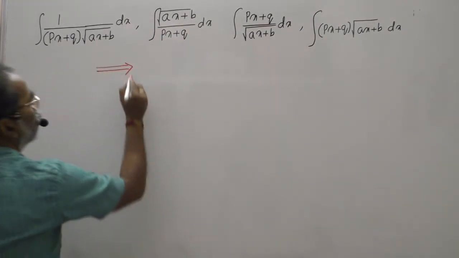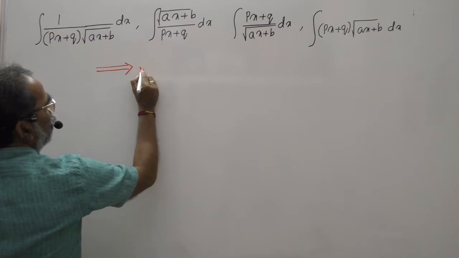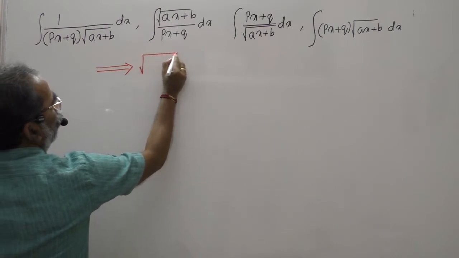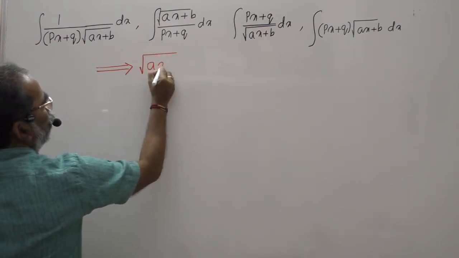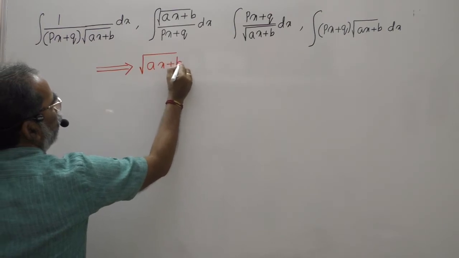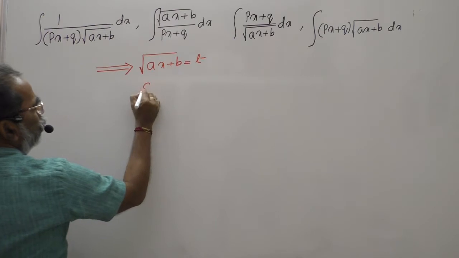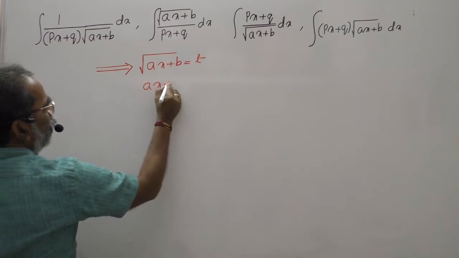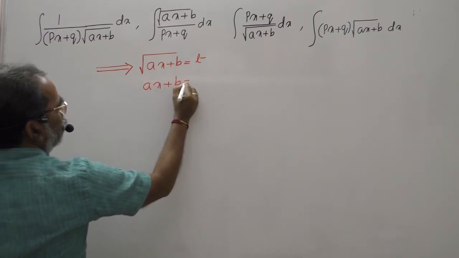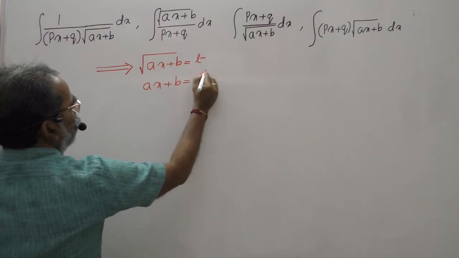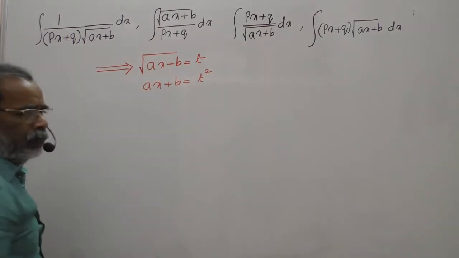Therefore our substitution is, you suppose root over (ax plus b) is equal to t, or this is nothing but ax plus b is equal to t square. Both are same.